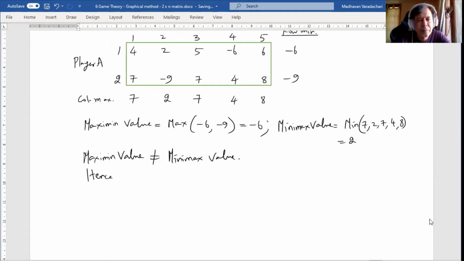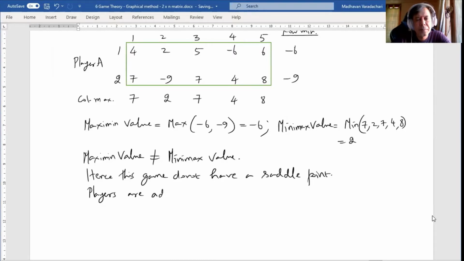Hence, this game does not have a saddle point. Once you conclude this, that means the players are adopting mixed strategies.